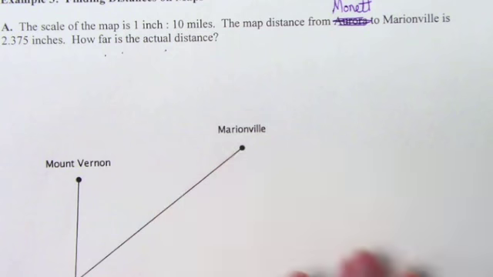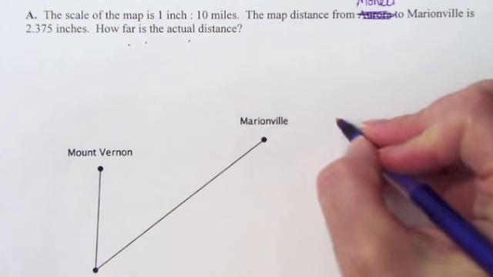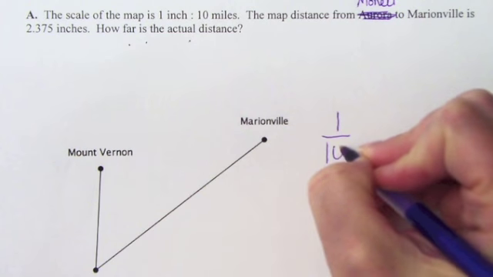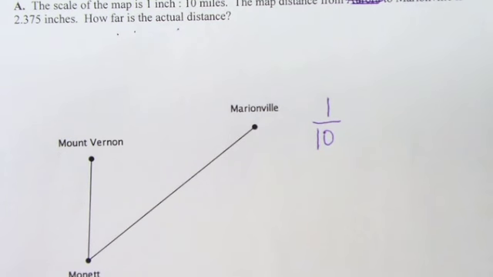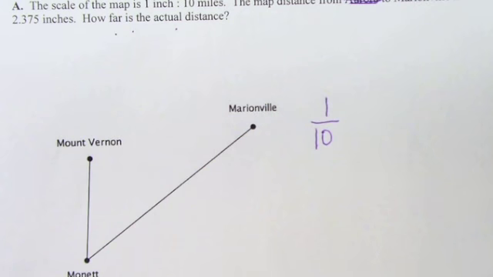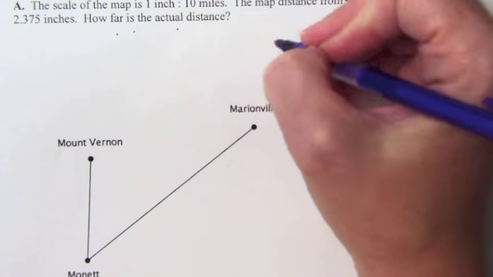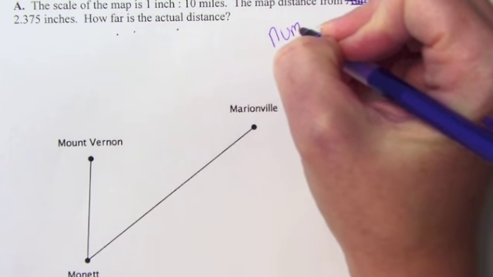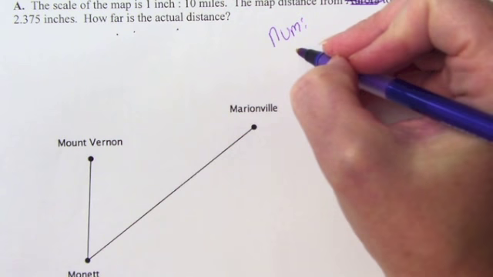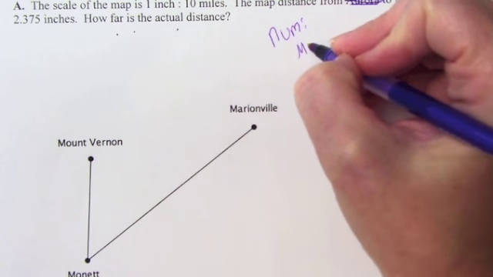Okay, they give us a scale. The scale is 1 inch for every 10 miles. We can set up proportions and use that to find out what the distance was from Monette to Marionville. Now, the numerator, again, I'm going to label this. The numerator is your map distance, okay?